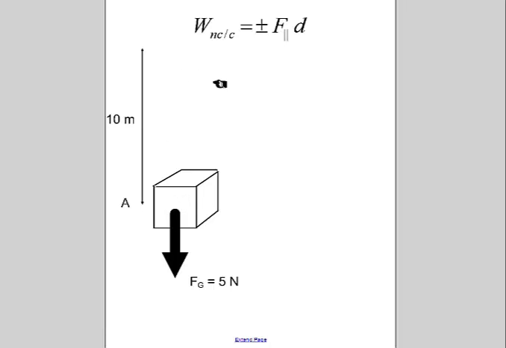A conservative force says if you go on that journey away and then back, the total amount of energy you've added and removed will be zero. That's what conservative means. It hasn't added or removed any energy if you go back to the beginning point.